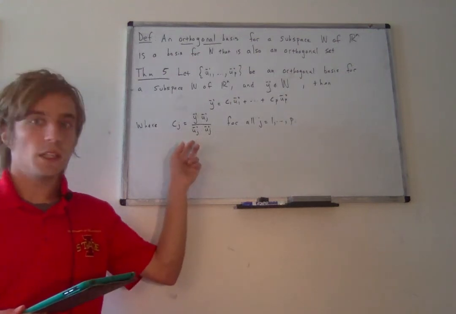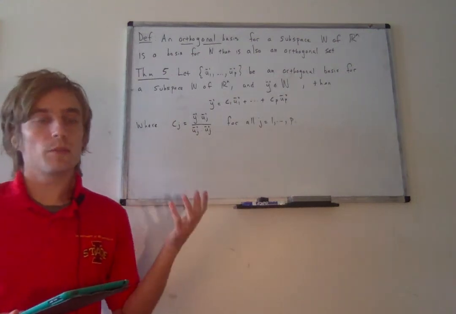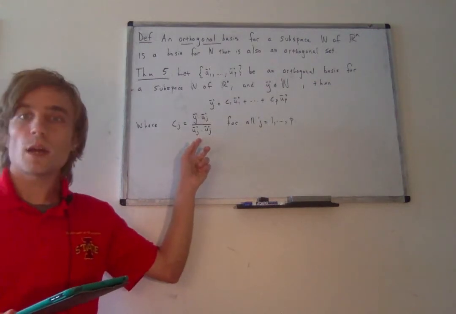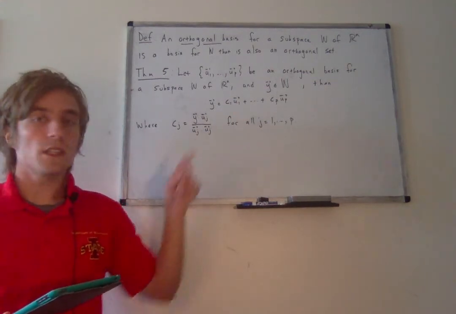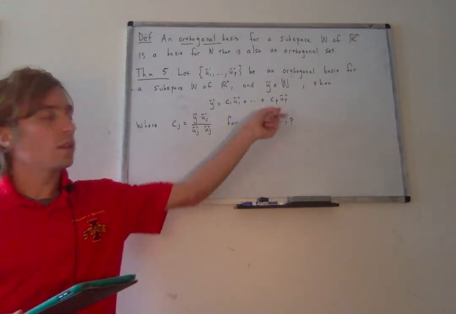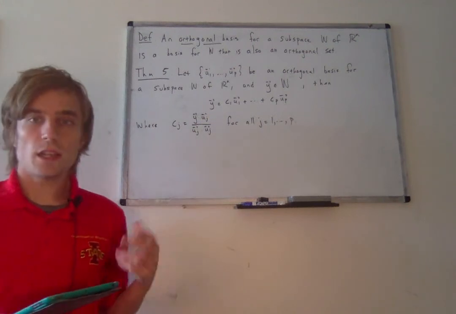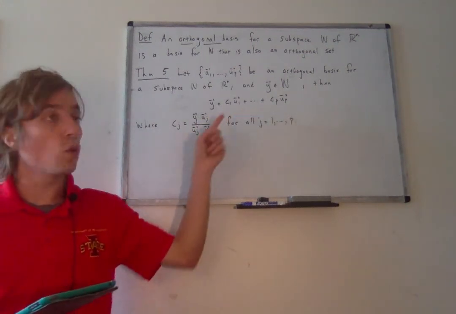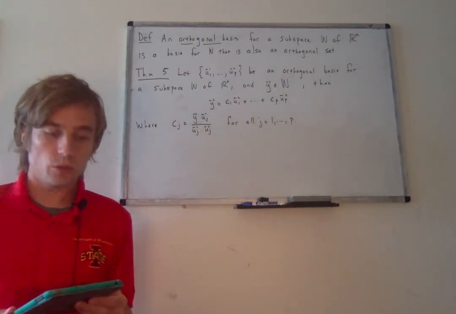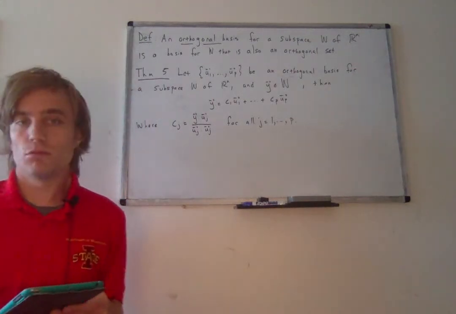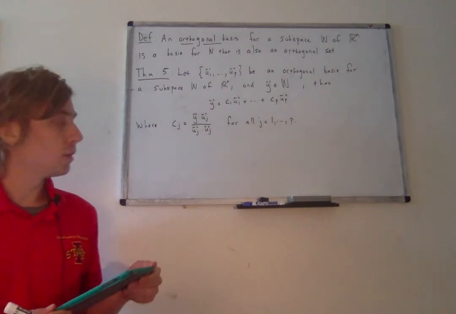But this says, especially if you were programming an algorithm to do this, it's just two dot products and then a fraction for each of these scalars. So you could calculate each one of these scalars very quickly and have the coordinate vector for y calculated very quickly. This would just be a few multiplications and some addition.